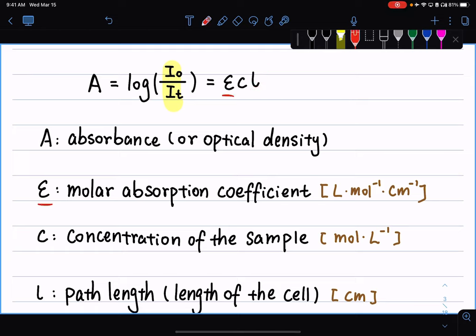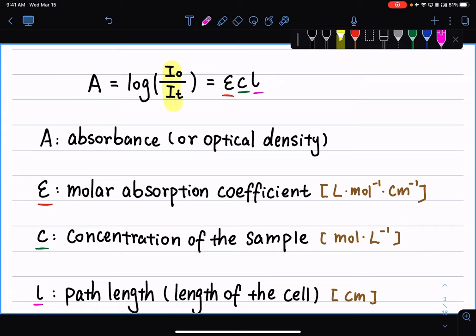The epsilon here is the molar absorption coefficient, or you can think of it as a constant you can look up. C here is the concentration of the sample. And L here is the path length, the size of the cuvette containing the solution.